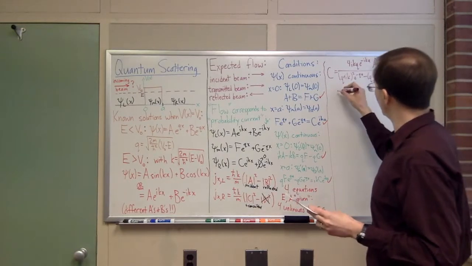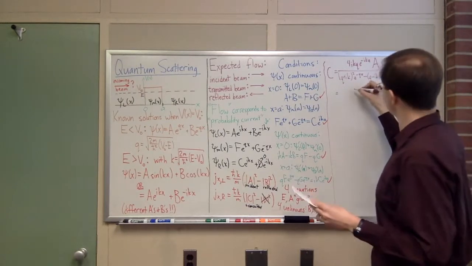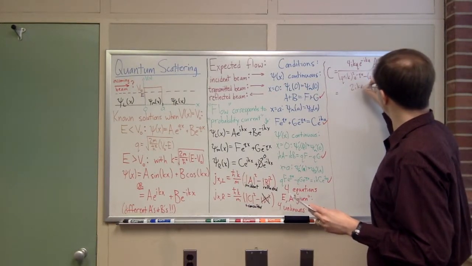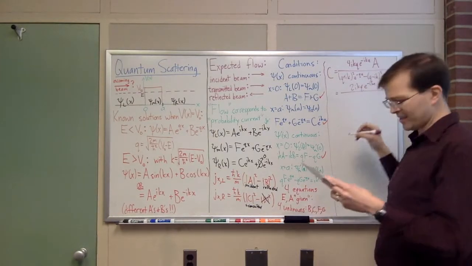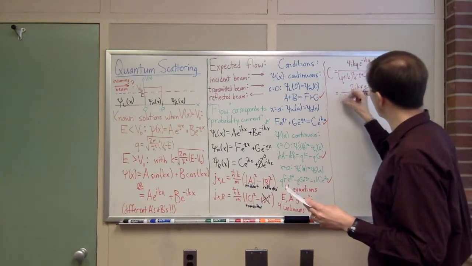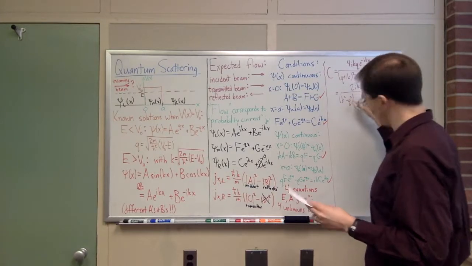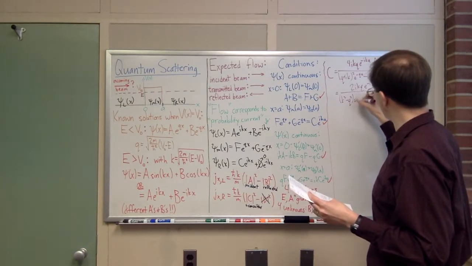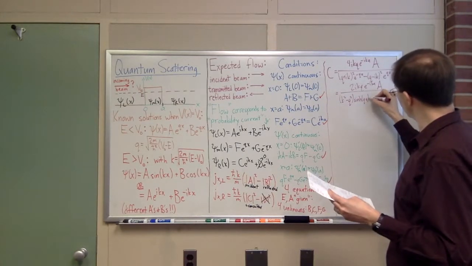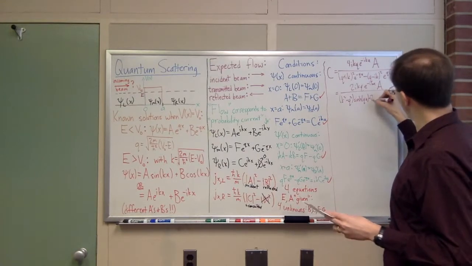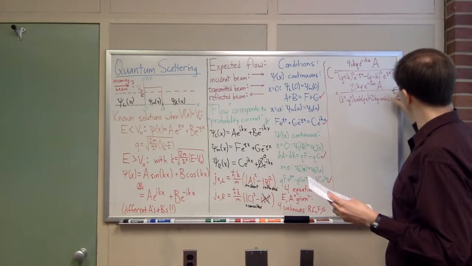If you want to rearrange this, you can play with this at home, kids. We could write this as 2iKQ e to the minus iKa times A divided by, this form is a little bit easier to do absolute squares with, (K squared minus Q squared) times the sinh, the hyperbolic sine of Qa, plus 2iKQ times the cosh, hyperbolic cosine of Qa.